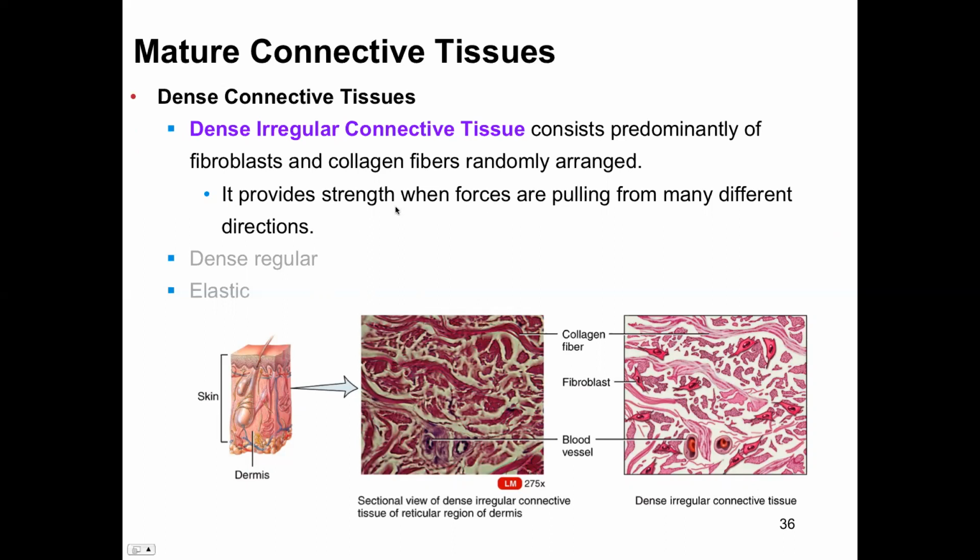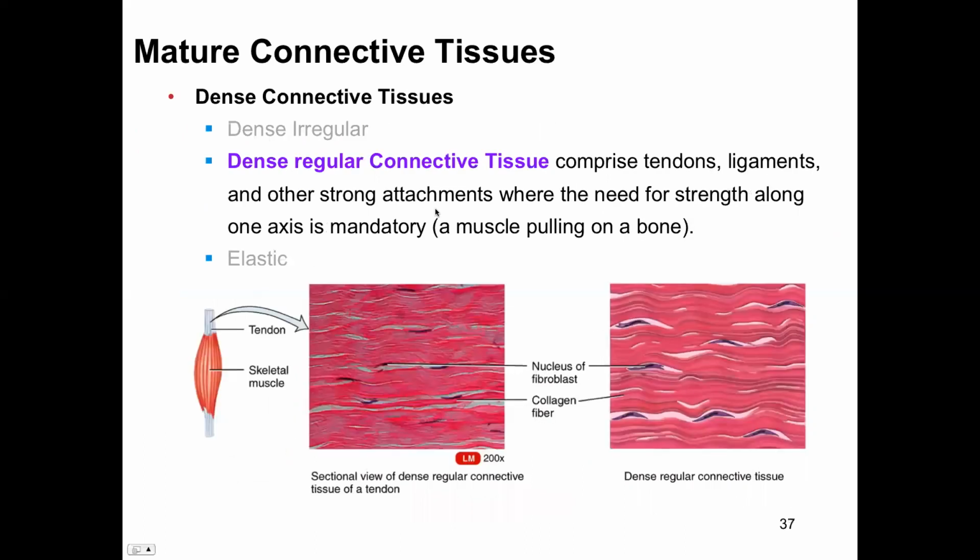This provides strength when forces are pulling from different directions. Now, dense regular looks very different. Again, you see these collagen fibers, and notice they're all aligned with each other. So this is where you're going to find tendons and ligaments, where you're going to have a directional pull, so one axis.